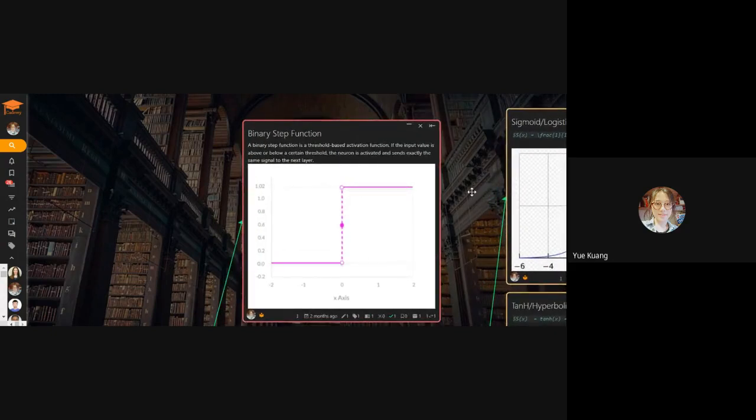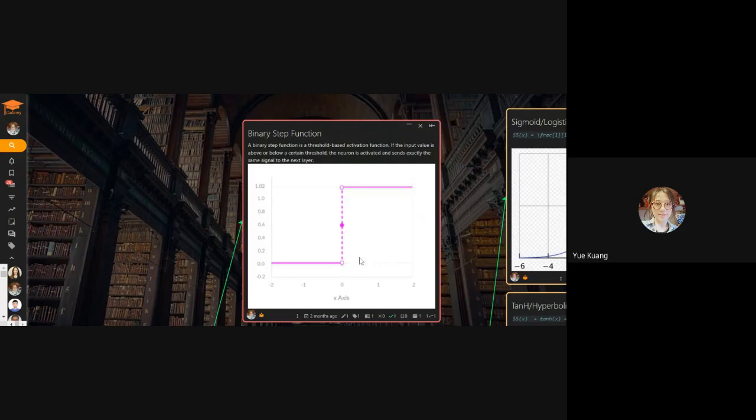As you can see from the figure here, a binary step function is a threshold-based activation function. If the input value is above or below a certain threshold, the neuron is activated and sends exactly the same signal to the next layer.